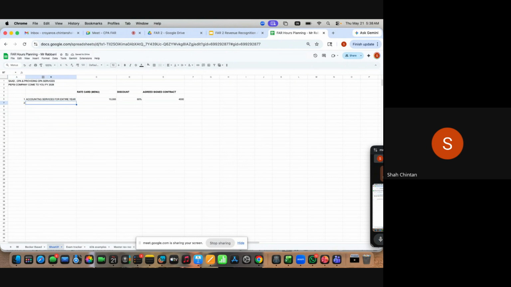Number two, you have agreed to the auditing services after the year end, due on 15th of January 2029. For this, you are starting your field work on, let's say, 15th of December 2028, and you are giving the audit report on 15th of January 2029.